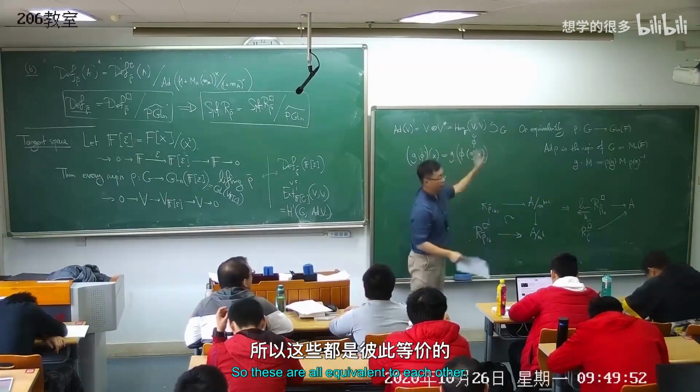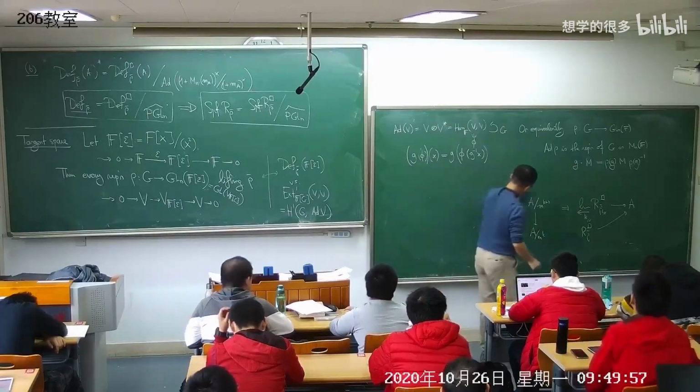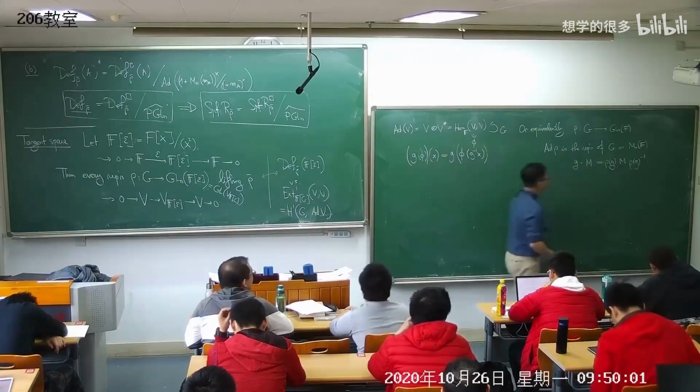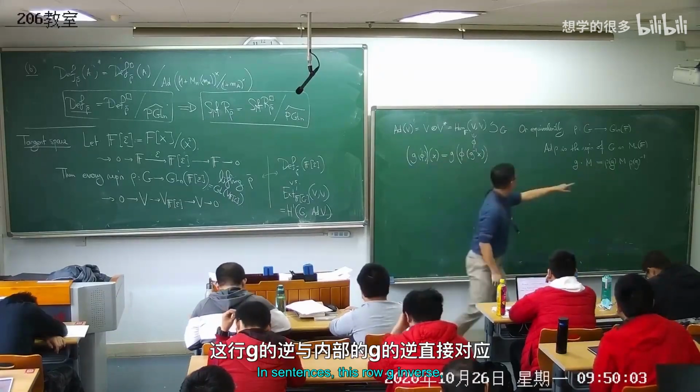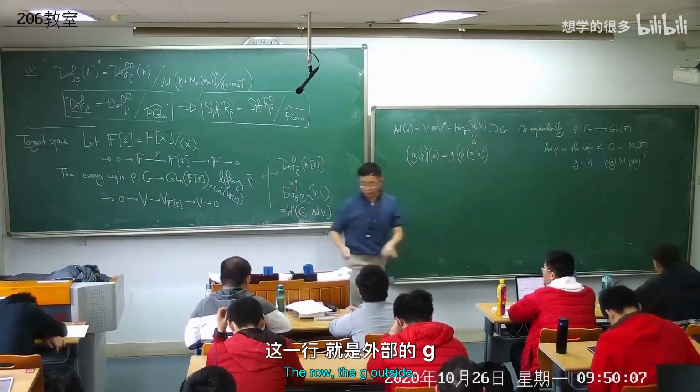So these are all equivalent to each other. In some sense, the rho(g) inverse corresponds to the g inverse inside, and the rho(g) here corresponds to the g outside.